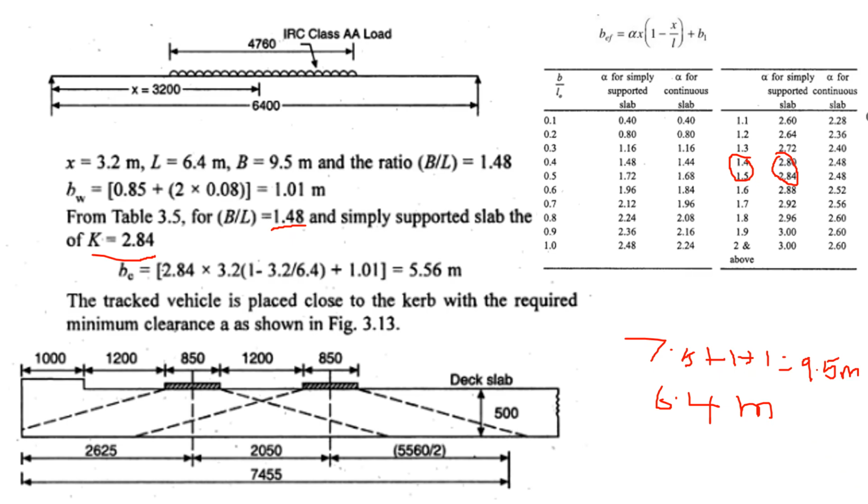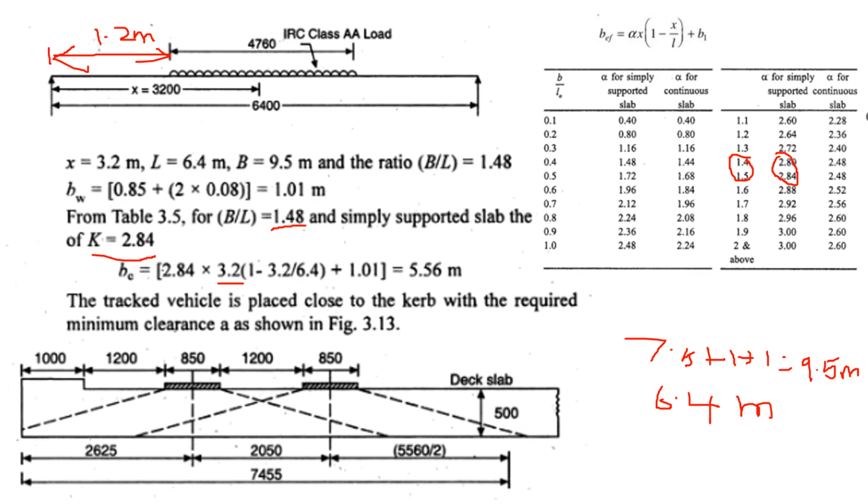The x is the distance from the support to the center of the load, and the load is placed in such a way that the minimum clearance is provided. So the clear spacing of 1.2 meter is provided on the left side. Minimum clear spacing is provided. So the distance x is calculated, which is 3.22 meter. So substituting all these values, we get alpha is equal to 2.84 and x is equal to 3.2.